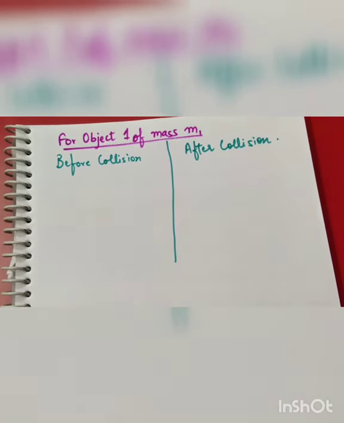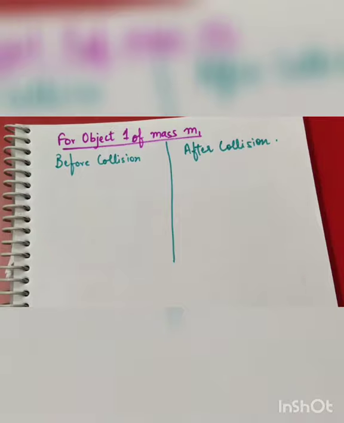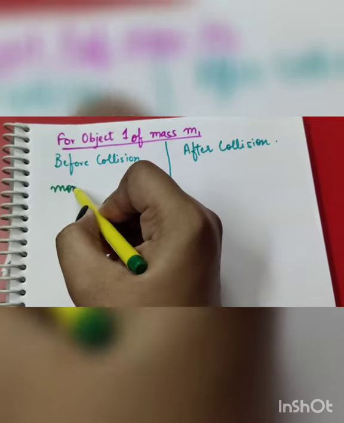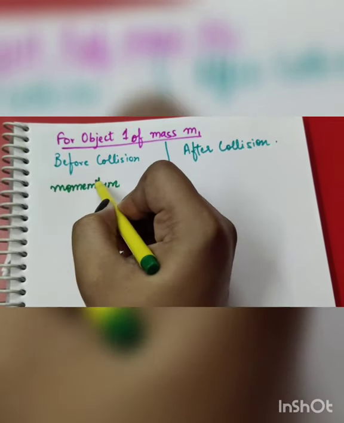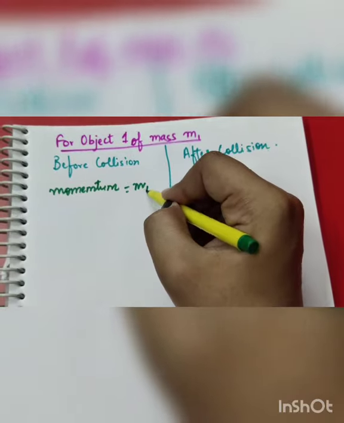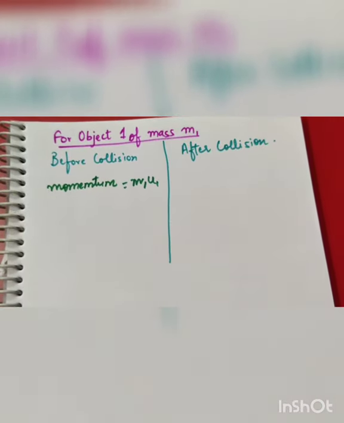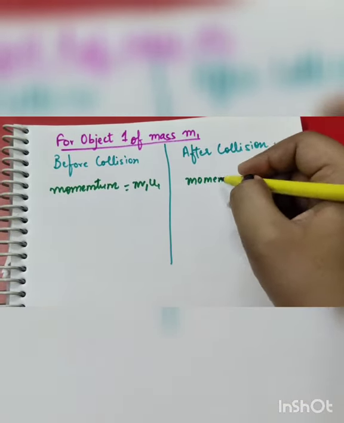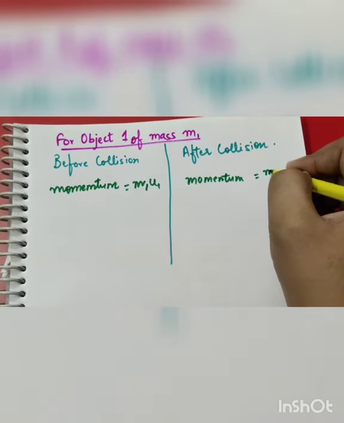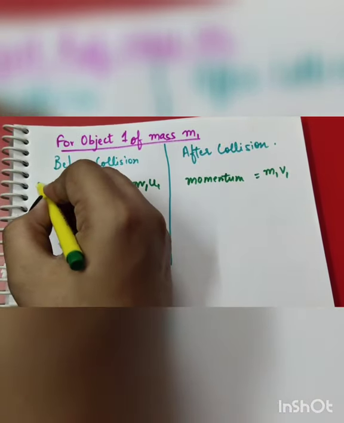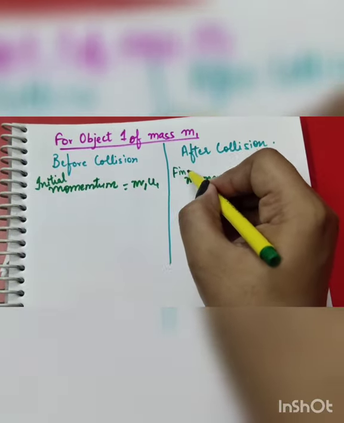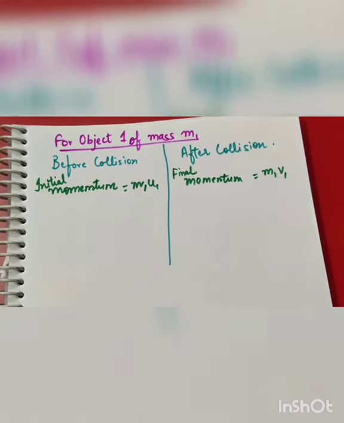So we'll see what will happen before collision and after collision for object 1. So for object 1, if I find out the value of momentum before collision, then it will be m1 u1. And for the same object, if I find out the value of momentum after collision, then my momentum will be m1 v1. I can call this momentum as initial and I can call this momentum as final for the respective object.